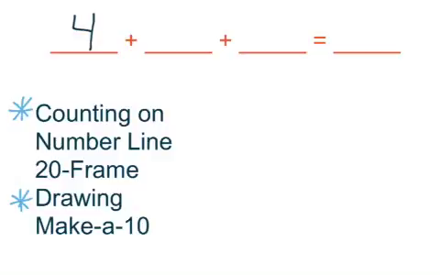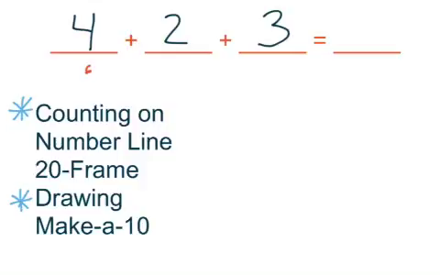If I were to give students 4 plus 2 plus 3 equals, they could use the counting on strategy. This is a mental math strategy where students would put the biggest number in their head first. In this case, that would be the number 4. They would then count on 2 more, and they are allowed to use fingers for assistance.